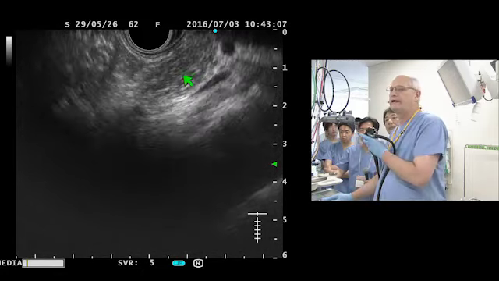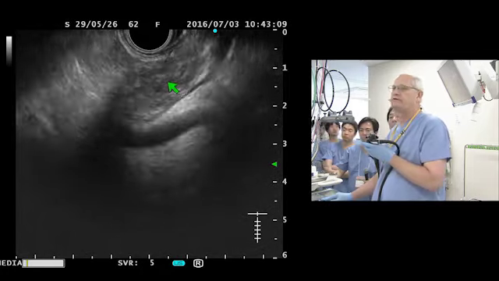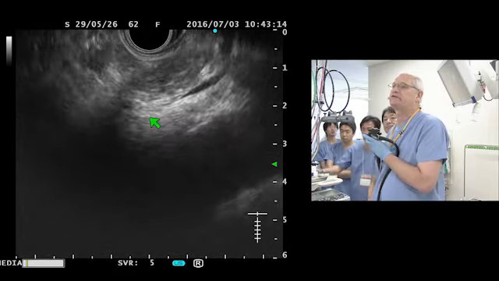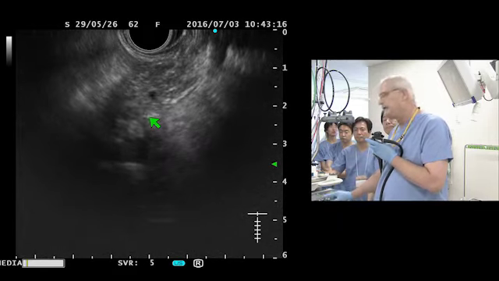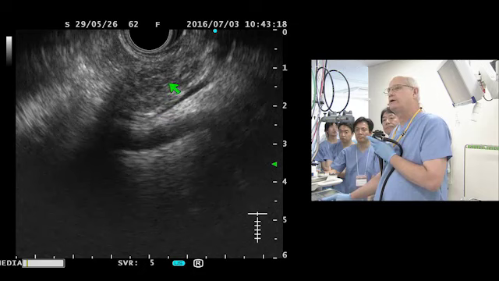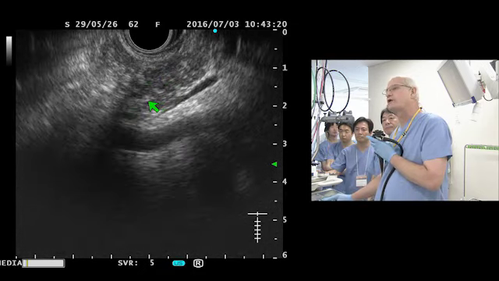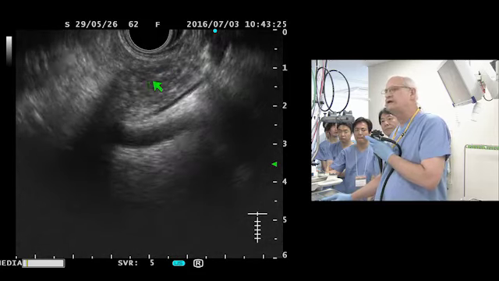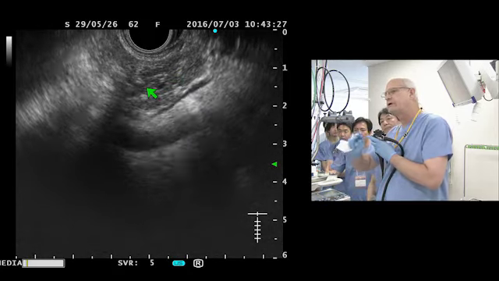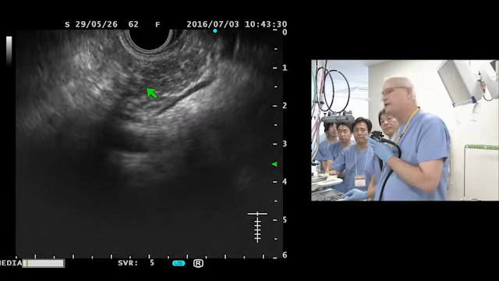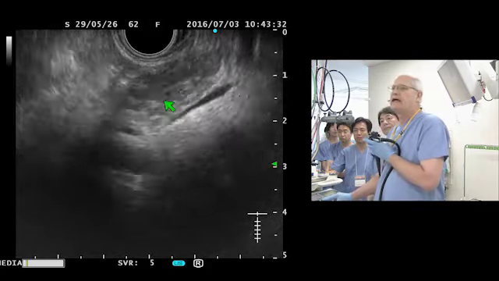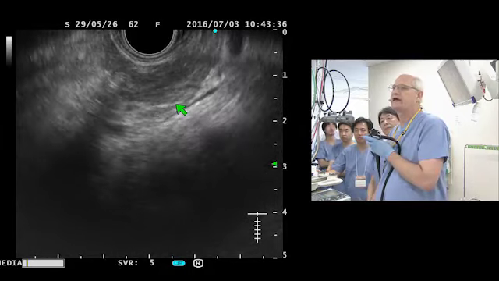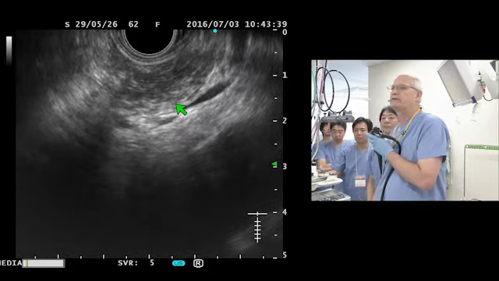So now I'm oriented to the pancreas, and now it is time to evaluate the gland itself. And for me, what stands out are these echogenic strands that are running through it. It is not a homogeneous salt and pepper kind of image. So I see echogenic foci, and I see echogenic strands to begin with.